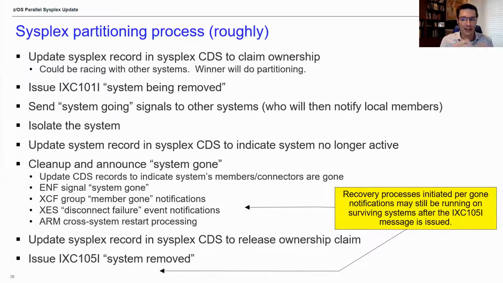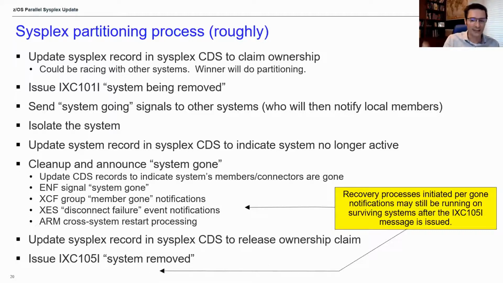Again, we're trying to isolate and get that system out of the Sysplex as quickly as possible to avoid sympathy sickness for all the other systems in the Sysplex and to avoid work being sent to that system. Again, updating the couple data set to indicate the system is no longer active. And now here's where all the cleanup is going to take place for the particular Sysplex, and there's a lot of cleanup.